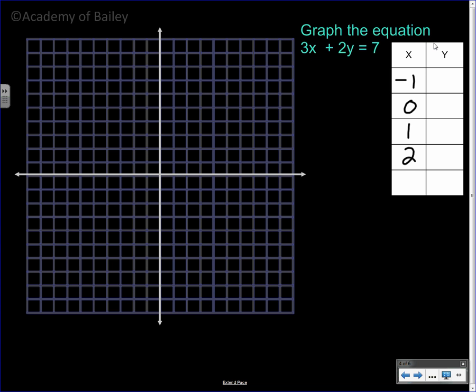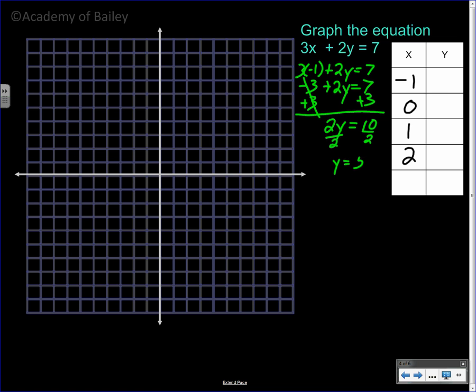So 3 times -1 plus 2 times y is equal to 7. When we multiply 3 times -1, we get -3. Add 3 to both sides. That means 2y is equal to 10. Then you divide by 2. Y is equal to 5.